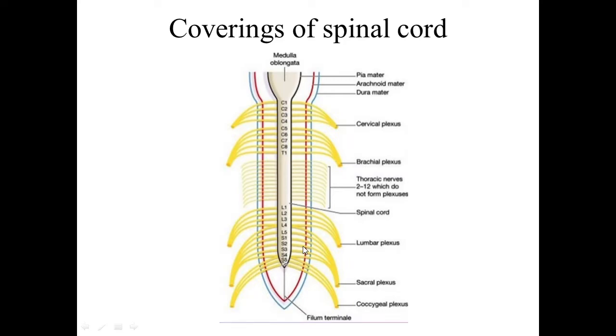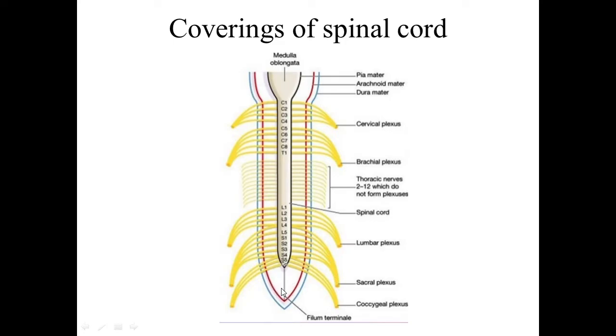Now the subarachnoid space is present between the arachnoid mater and the pia mater. This subarachnoid space becomes continuous above with the subarachnoid space around the brain, and below around the filum terminale.